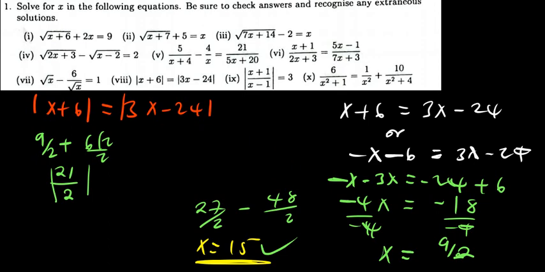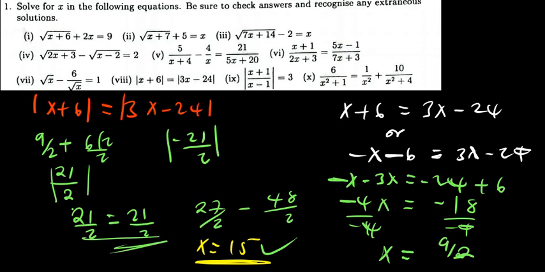So it's 27 minus 48, which is negative 21 over 2. But since it is in the modulus, it will still come out as positive. So we end up having 21 over 2 is equal to 21 over 2, which is part of the solution. So x is equal to 9 over 2 is also part of the solution. So in this case, we don't have any extraneous solution.